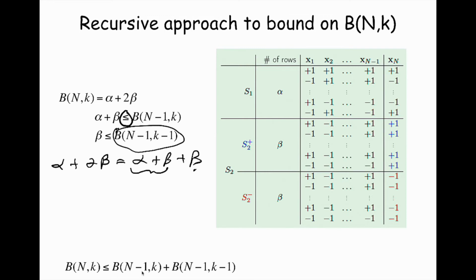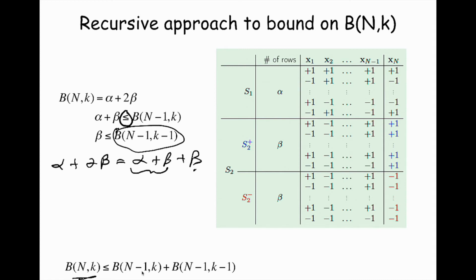So we can actually replace this expression with B(n,k) is less than or equal to the sum of B(n-1,k) plus B(n-1,k-1). It's just a substitution using this construction and the recurrence relations that we've developed. Any questions about this? Make sense?